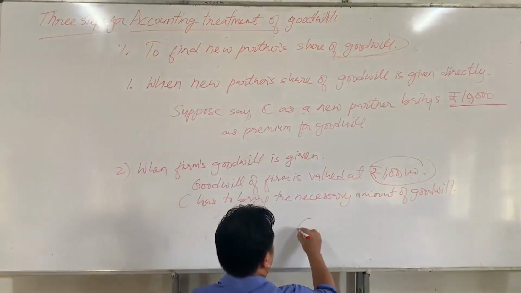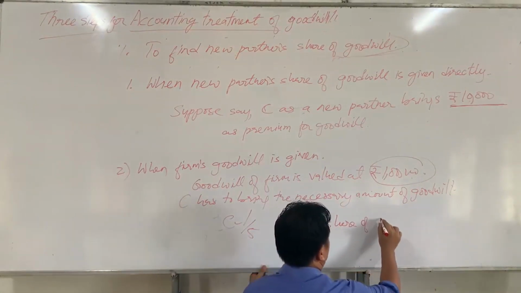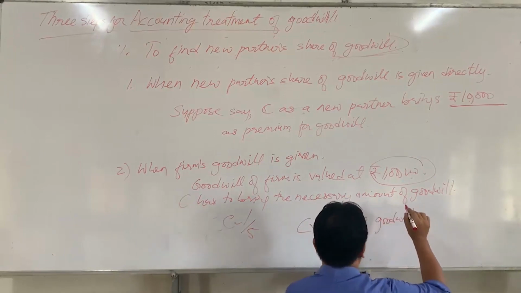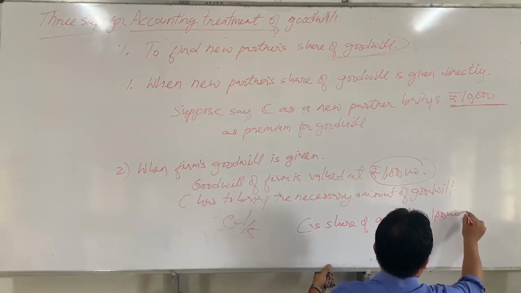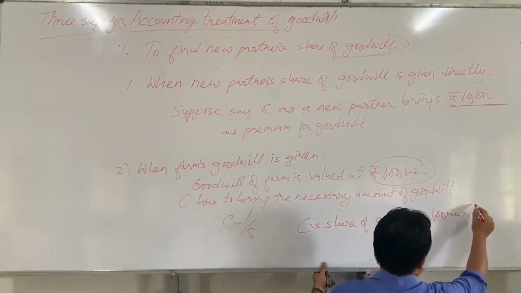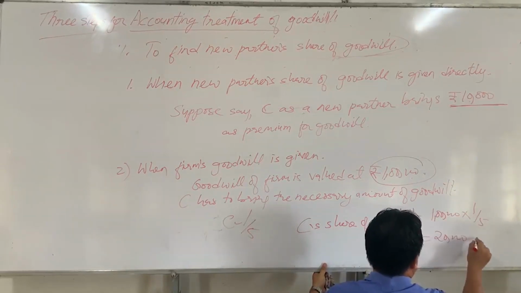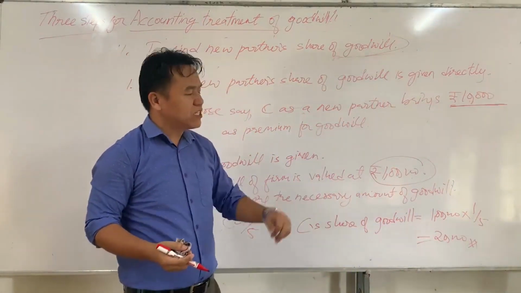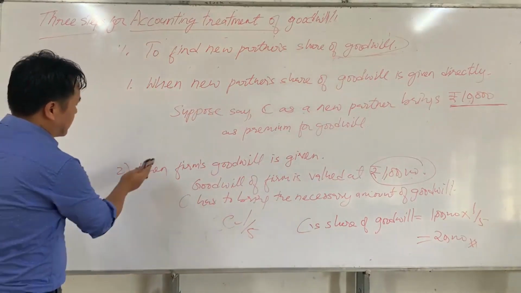So C's share of goodwill is equal to, what is the firm's goodwill? 1 lakh, multiplied by C's share of profit, 1 by 5. So C's share of goodwill is 20,000, which means C has to bring this 20,000 as his share of goodwill.